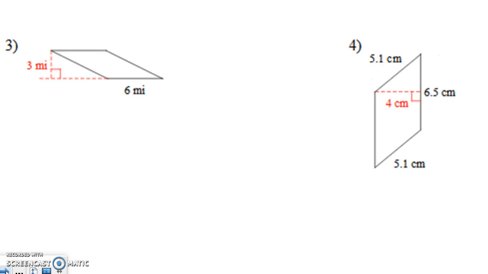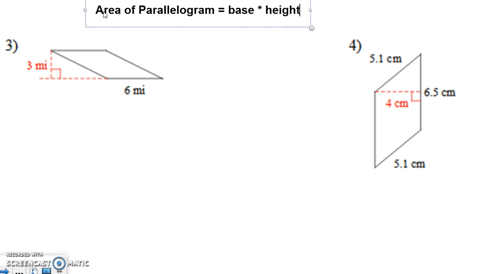Our next two shapes are parallelograms. You may not remember this one as well, but you probably should have learned this before. To find the area of a parallelogram, it's actually the exact same thing as a square or a rectangle. It's just the base times the height. You have to remember, when you're finding the height of something, it's measuring up and down.